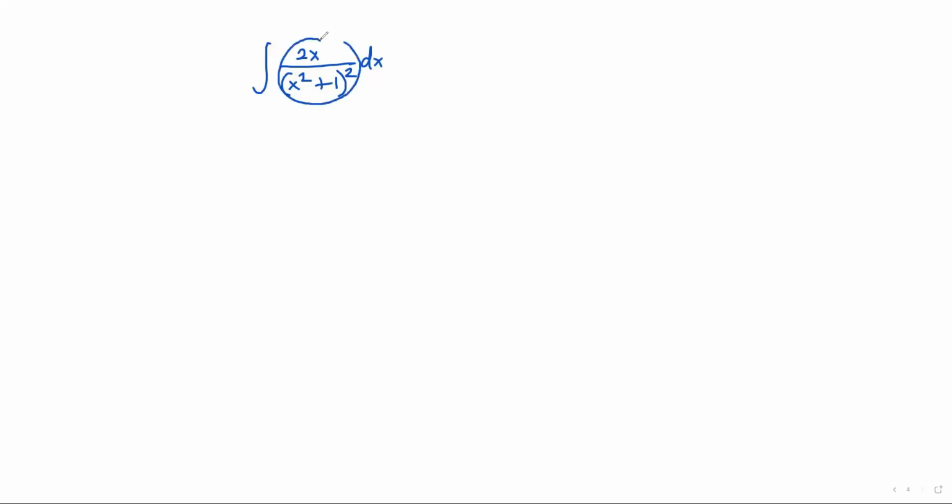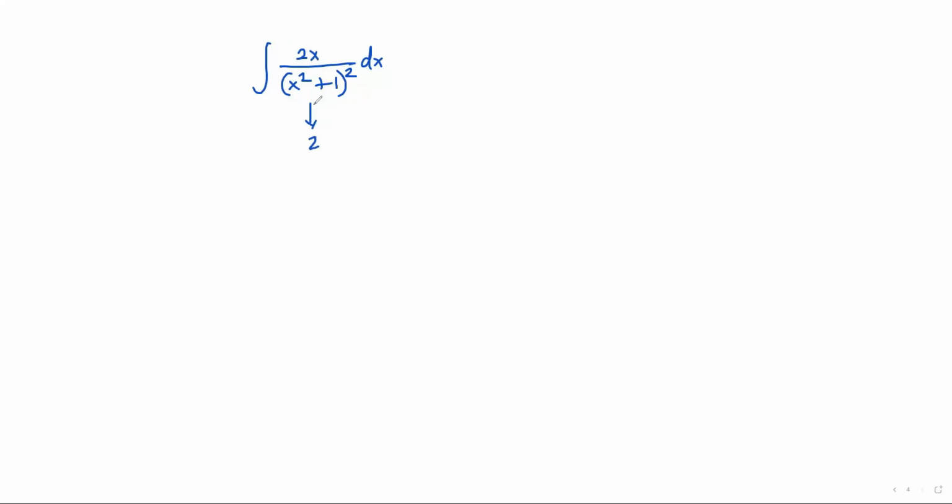To integrate this rational function, I have to look at the denominator. So the denominator is (x square plus 1) whole to the second power. A binomial is having exponent 2. Okay, here when I look at this binomial x square plus 1, its derivative is just 2x, that exactly we have in numerator.